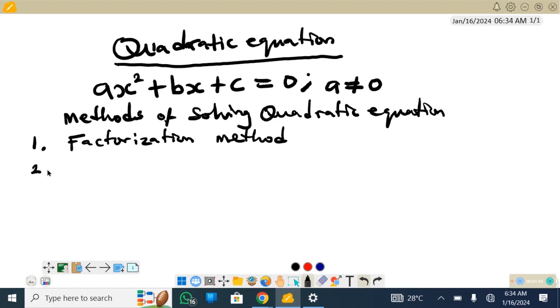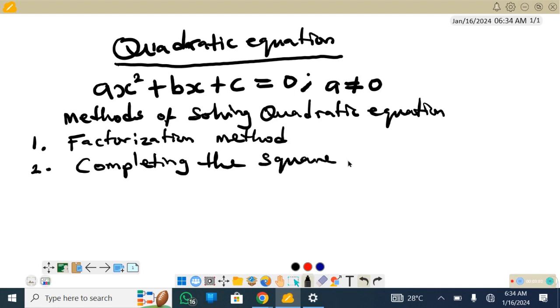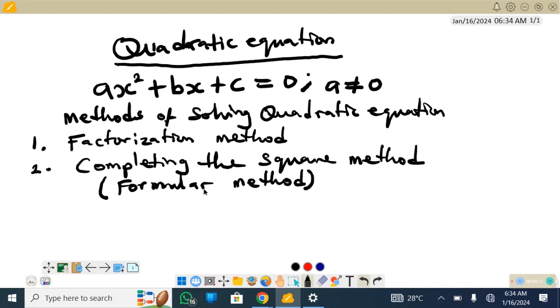Number two, we have the completing the square method. This completing the square method is what will give us a formula method, that's the use of formula in solving quadratic equation.